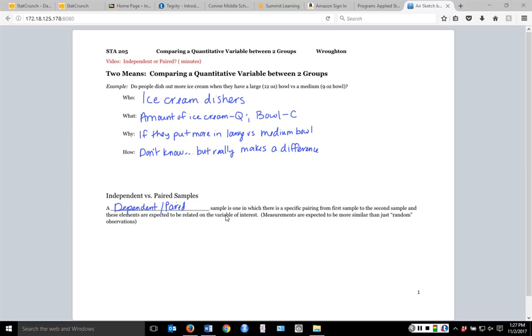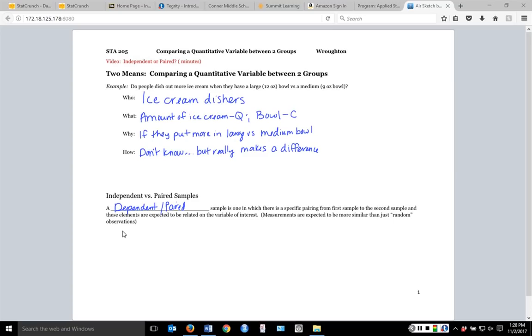If I specifically ask a husband and his wife, I expect that their numbers should be pretty similar because they're in the same marriage. If I just randomly sampled a man who happened to be married and a woman who happened to be married, but they're not married to each other, I don't really have this expectation that their numbers should be somewhat similar. So that's what I mean: their measurements are expected to be more similar than just random observations.